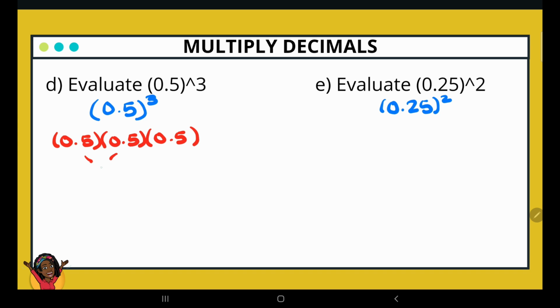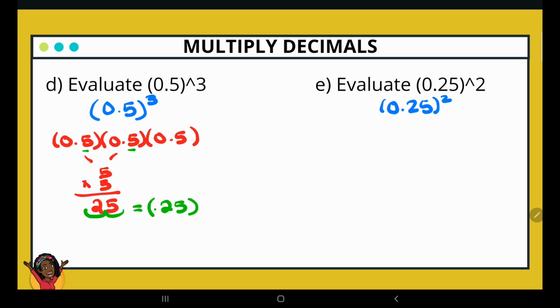I'm going to rewrite my numbers without the decimal points. So it's 5 times 5. 5 times 5 is 25. Now I go back to my original numbers and assess how many decimal points I have. Here I have 1, 2 decimal points, so I'm going to move that many places in my answer. So 1, 2. The product of 0.5 and 0.5 is 0.25.